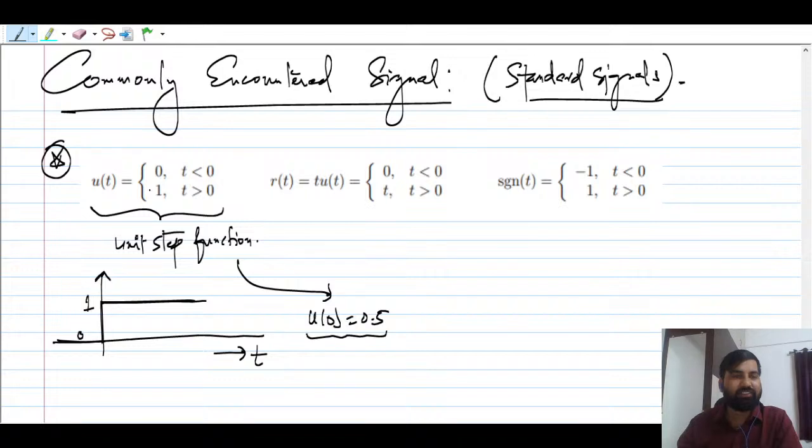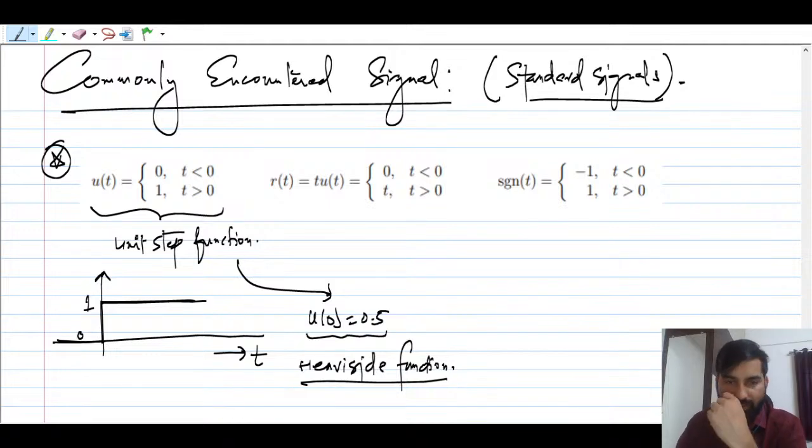So along with this definition, if you say u of 0 is 0.5, we call this the Heaviside function also, or the Heaviside unit step. That is very, very important to keep in mind.